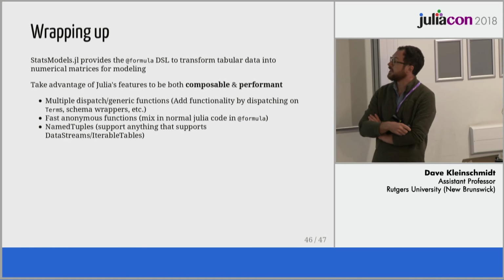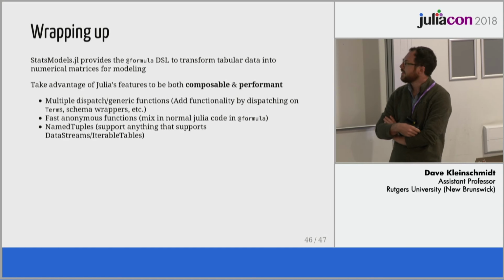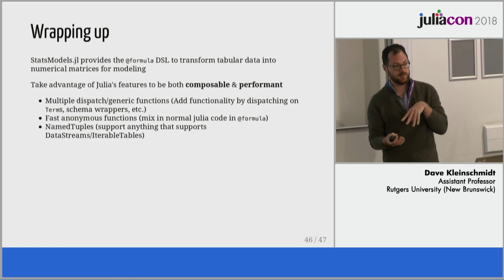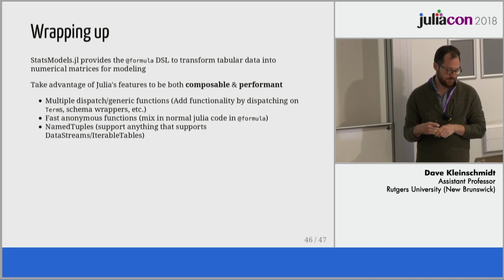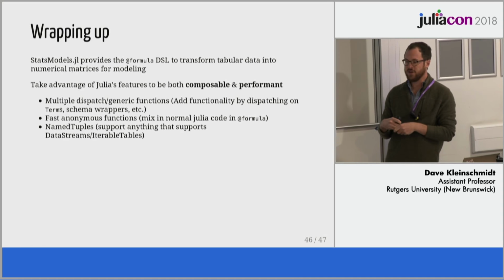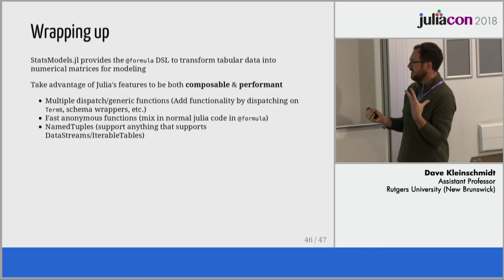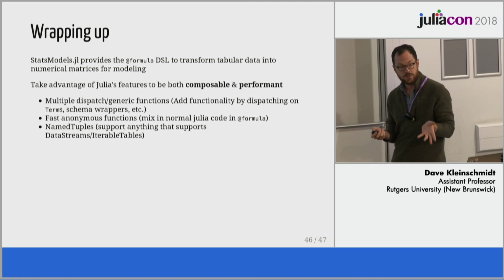Okay, just to wrap up really quickly. StatsModels.jl terms provides the formula DSL to transform your tabular data into numerical matrices suitable for modeling. In working on this, I've been really pleased to discover how easy some of the central features of Julia make it to do this in a way that's both composable and performant.